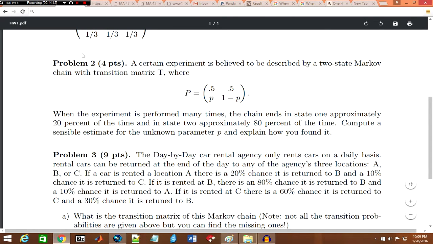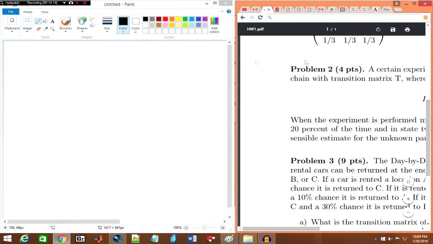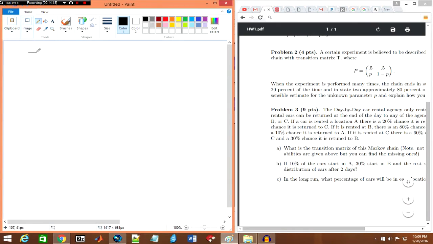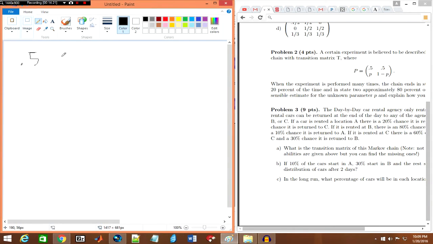Okay, so what we're going to do is write down this matrix: 0.5, 0.5, p, and 1 minus p. That's our t. We want to evaluate t to the n power when n is large.